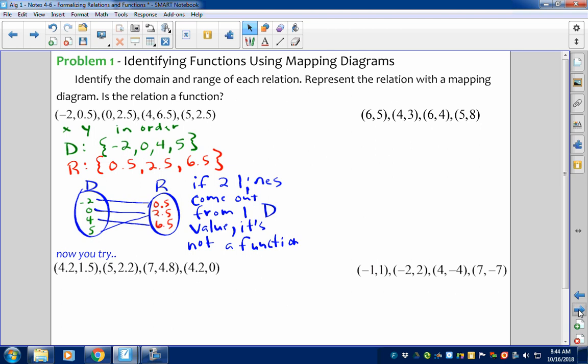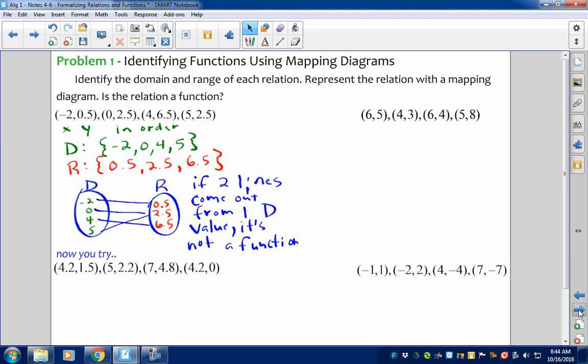So on this one, if I were to graph this, like -2, 0.5, 0, 2.5, 4, 6.5, and then 5, 2.5, as you look through here, do you see 2 lines coming from the same D value or same X value in many cases? No. There are 2 lines going to this 2.5 over here, but that doesn't matter.